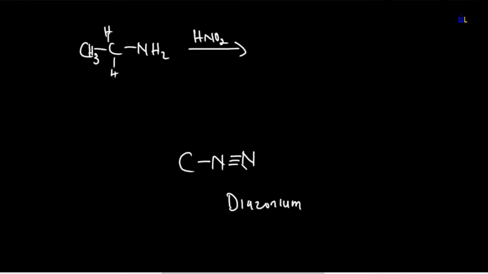Once nitrogen has a triple bond and another bond is joined with carbon, what you have is a diazonium substance. In most cases, the diazonium ion is positive, so you can refer to it as a diazonium cation. So again, how do we form this diazonium cation?